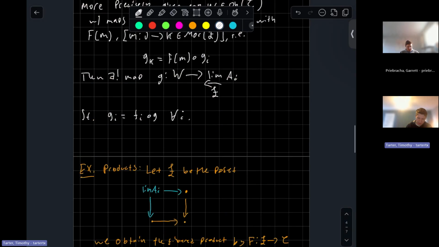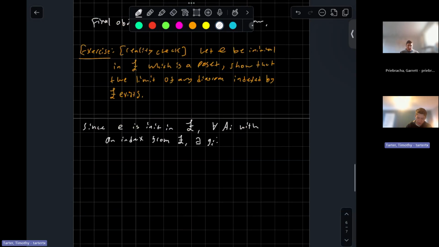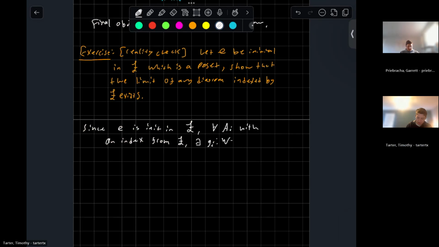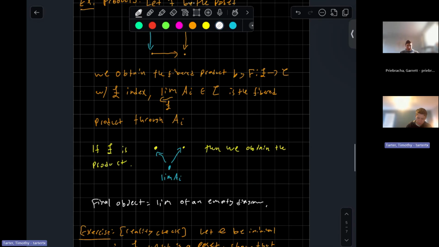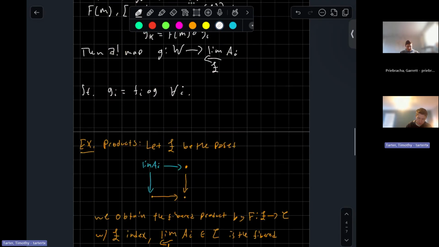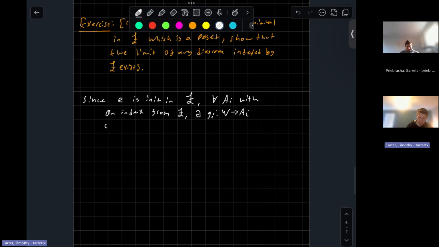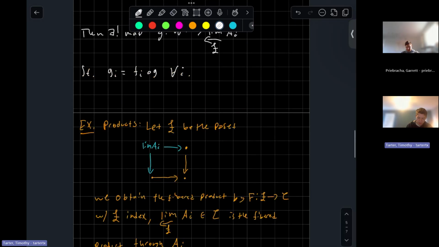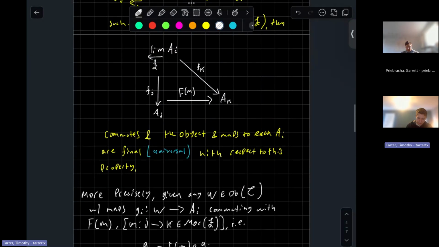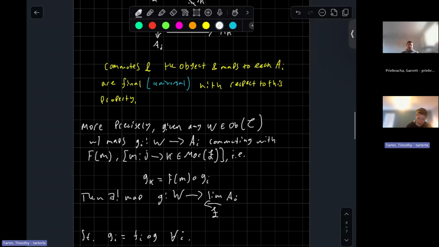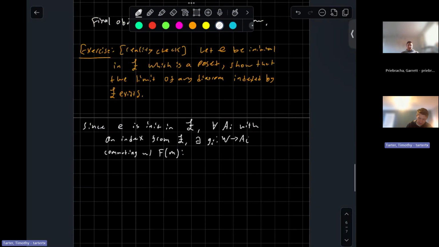There exists a g_i as defined here from W to A_i, commuting with the functor of m, which goes from F(j) to F(k).